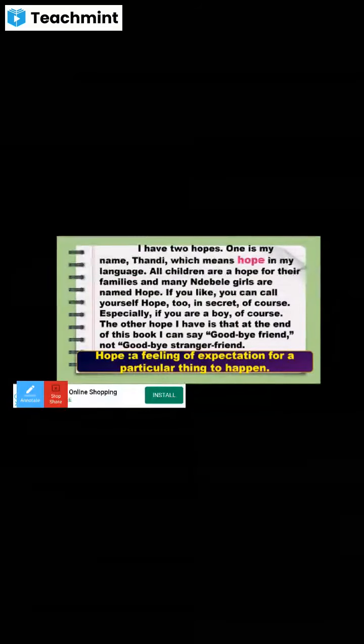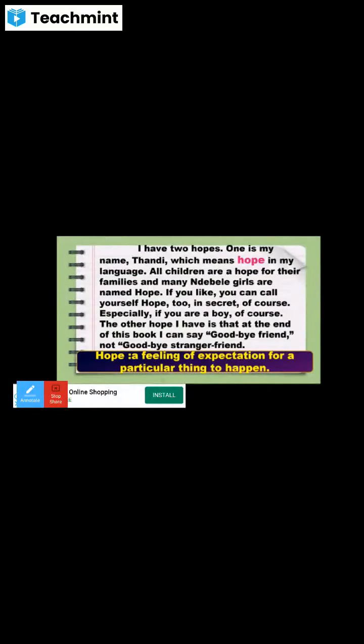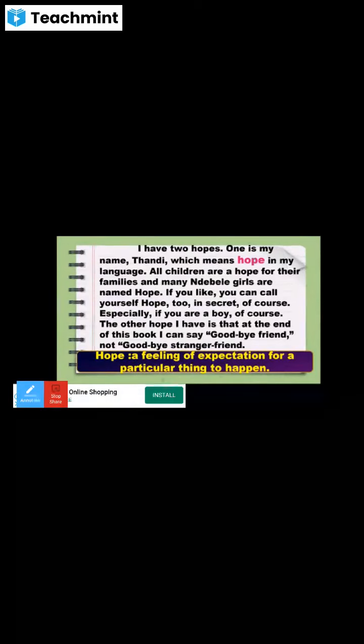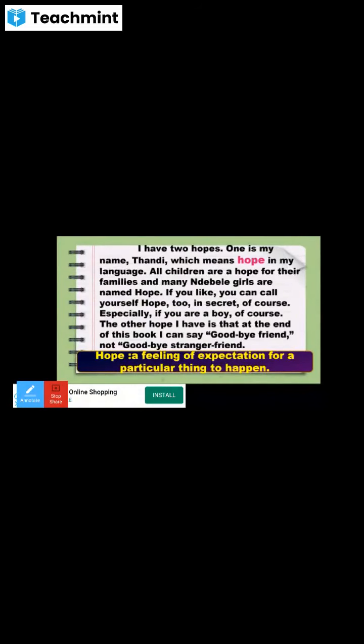Her name is Thandi. Thandi means hope in their language, the Ndebele tribal language. So in their language, Thandi means hope.